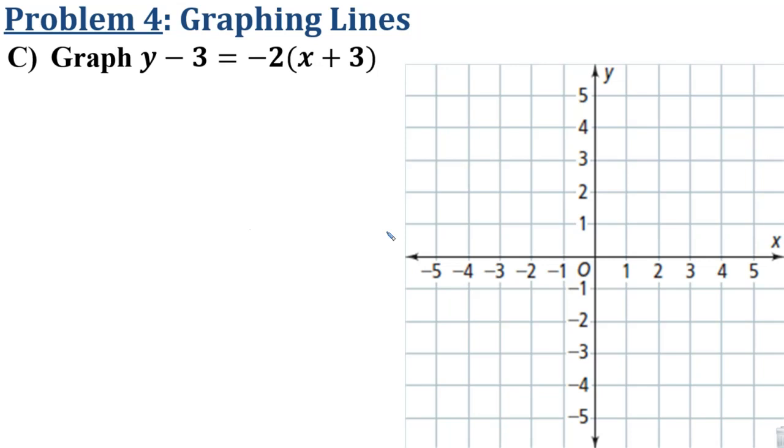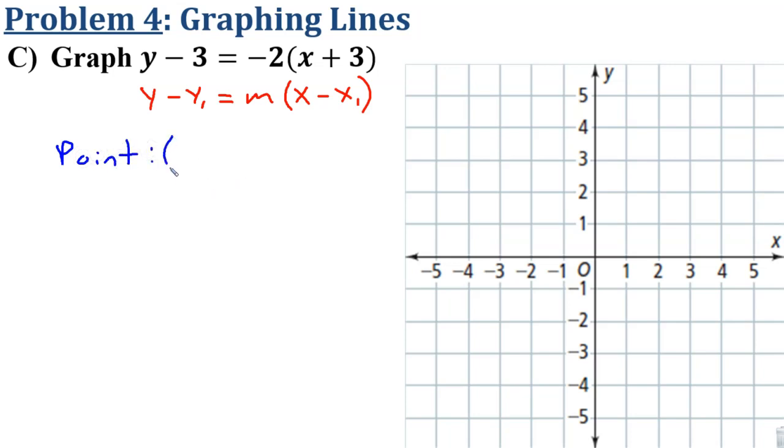All right, next thing we're going to do is look at graphing a line in point-slope form. Again, that's our y minus y1 is equal to m times x minus x1 form. Just like slope-intercept form, this equation gives us 2 pieces of information. First thing it gives us is a point on the line.